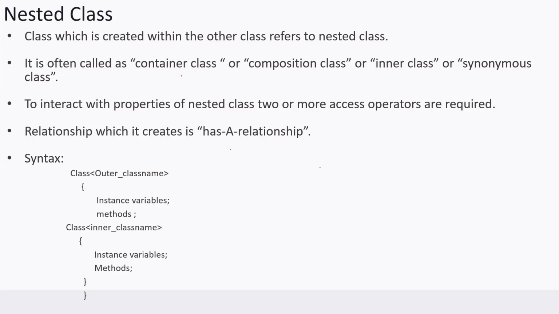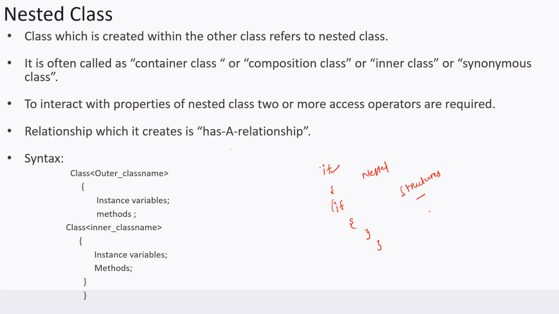So to start with, what is nested class? Generally, in terms of C language, we have if. In that if condition, I'm going to insert one more if condition. So the if condition which is enclosed in another if condition is called as nested if. Right. In terms of your C language, there is a concept called structures. A structure which is enclosed in another structure is called as nested structure.